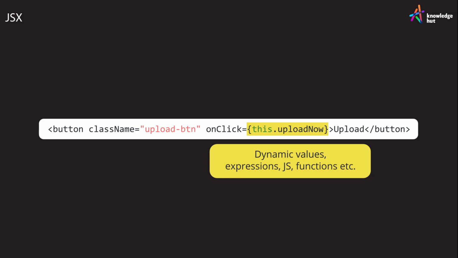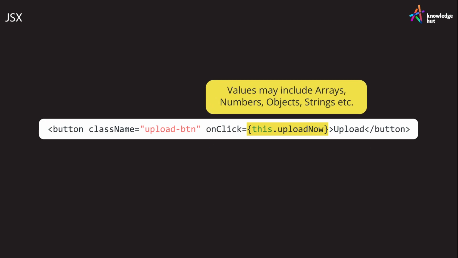This is what allowed us to use the map method in the fruit basket example to render instances of the fruit component. Curly braces allow you to pass in values as arrays, numbers, objects, and not just strings. This is critically important, especially when using props to accept data from a parent component, which could be in any format and not just a string.